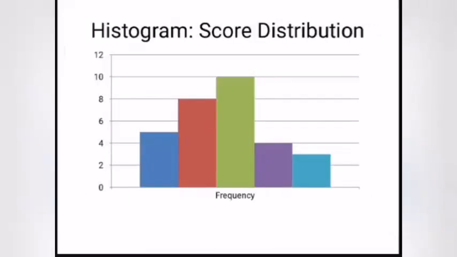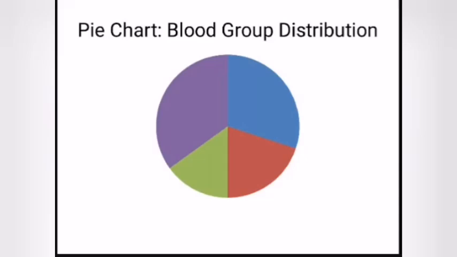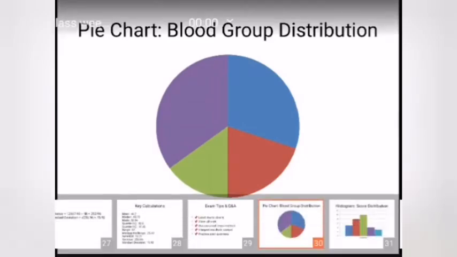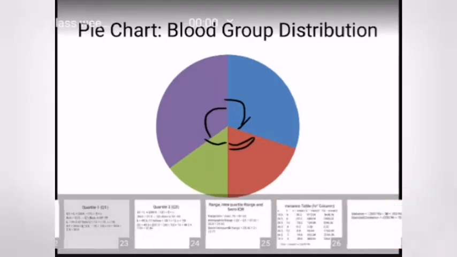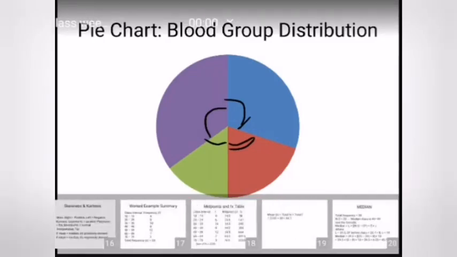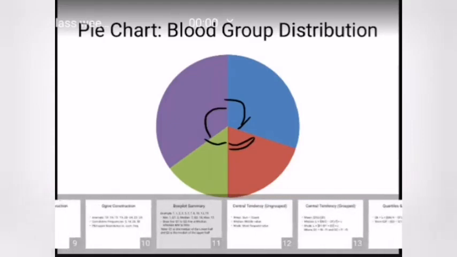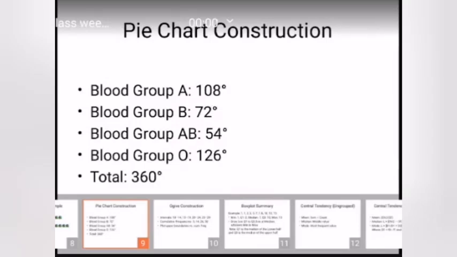Then your pie chart, when drawing your pie chart, make sure that all your angles sum up to 360. From our question, we had 108, 72, 54, 126.